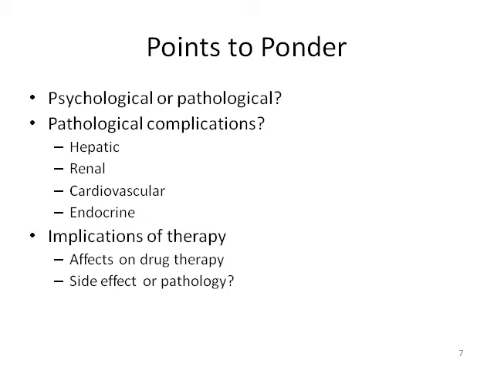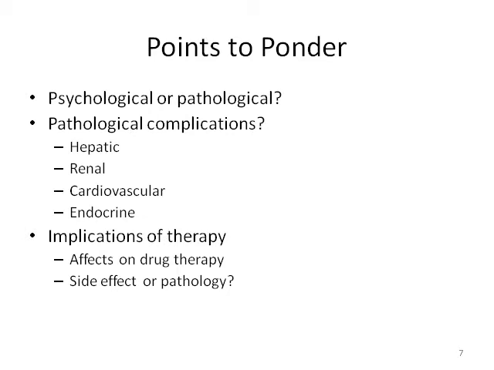And that leads to the next bullet point, which says implication of drug therapy. We have to be aware of, is it going to affect which drug therapy that we're going to use? That could be the choice of drug. It could also be the dose of drug that we use. And it could also imply that in some instances we may have to increase monitoring of that particular patient if we're going to use a specific drug.